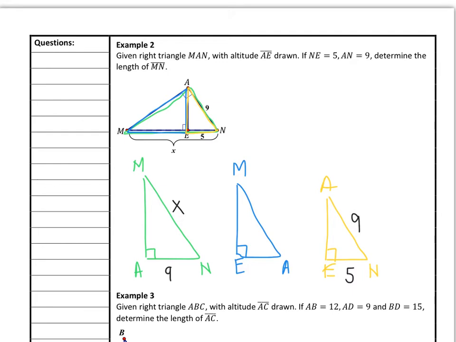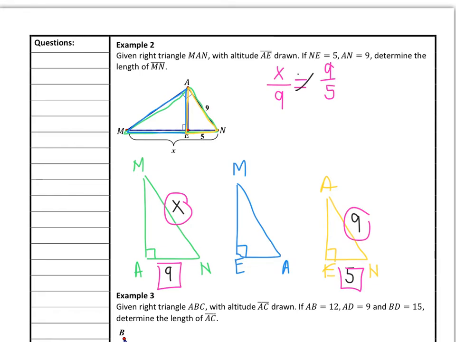The whole reason I did this is that if you look, it's pretty easy to figure out how we need to set our proportion up. All right, so based on what I have here, I'm going to take X over 9 equals 9 over 5. And at this point, I'm all set to cross multiply.